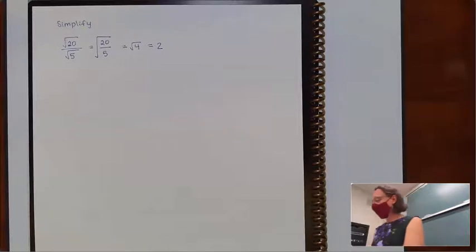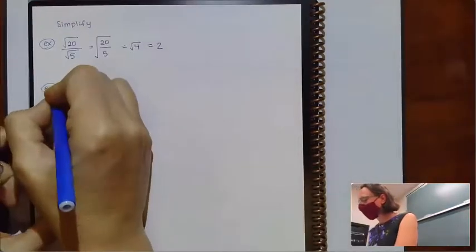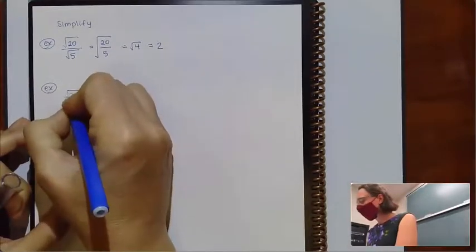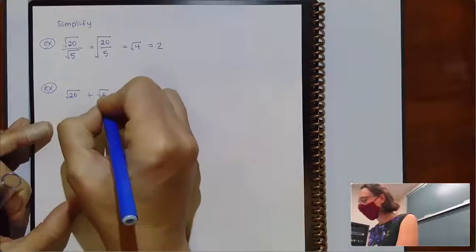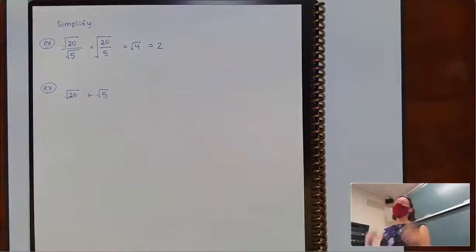So if I had an expression that looked really similar to this, but instead of being division, it said the square root of 20 plus the square root of 5, I cannot put these things underneath the same square root.